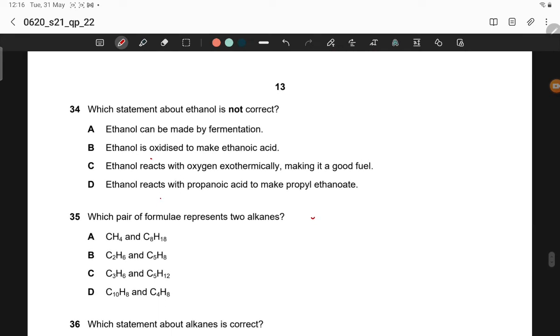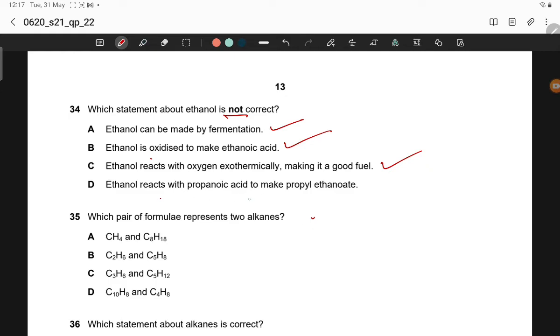34. Which statement about ethanol is not correct? Ethanol can be formed by fermentation. It is correct. Ethanol is oxidized to make ethanoic acid. It is also correct. Ethanol reacts with oxygen exothermically, making it a good fuel. Yes, this is also correct.